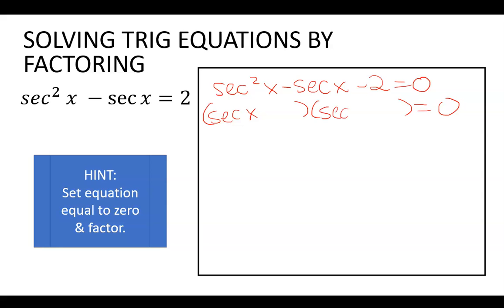Secant squared will factor to secant, secant. My values will be 2 and 1. I have to think about what will add to give me negative 1 and what will multiply to give me negative 2. So therefore, my signs will be minus, plus. I do have 2 factors that I have to set equal to 0.